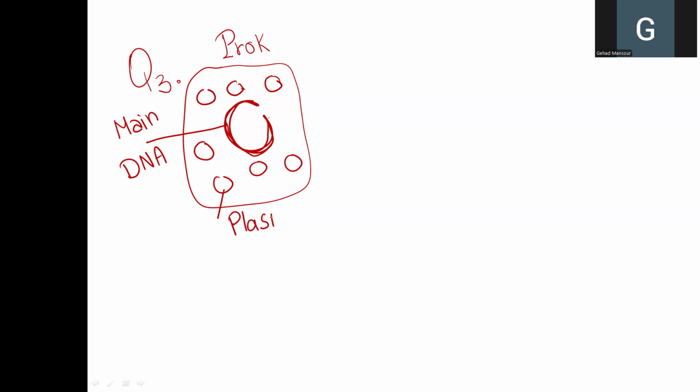And I've told you before that some references talk about a bacterial chromosome. This is not an accurate nomenclature because it's not a true chromosome. It's not folded around histones and non-histones.